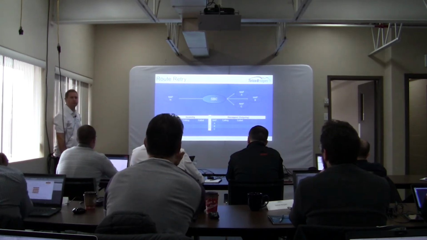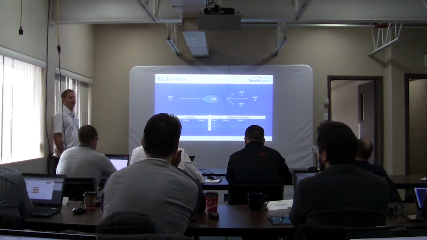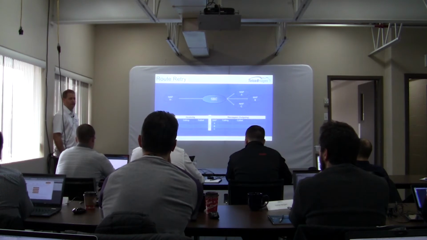Is there a way to control it wherein, say we have an upstream trunk NAP, and then they start sending multiple invites for the same call? For the same number?